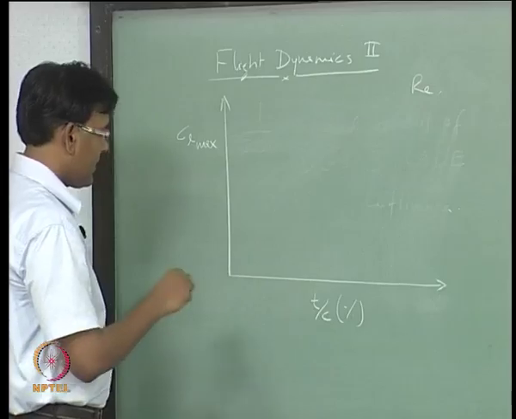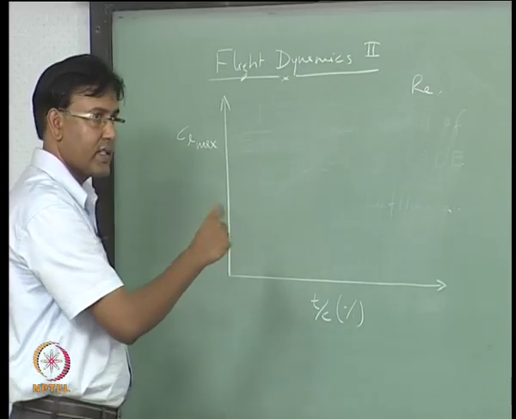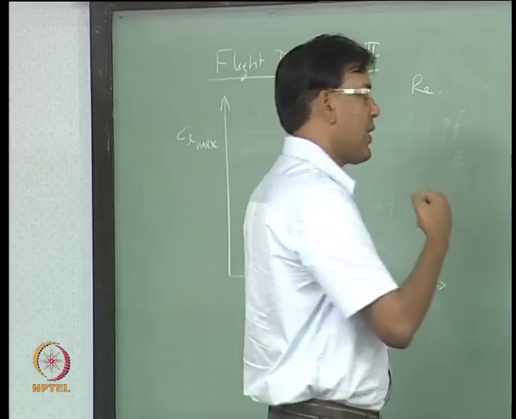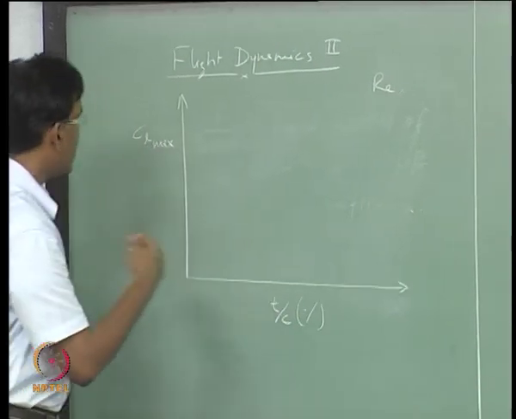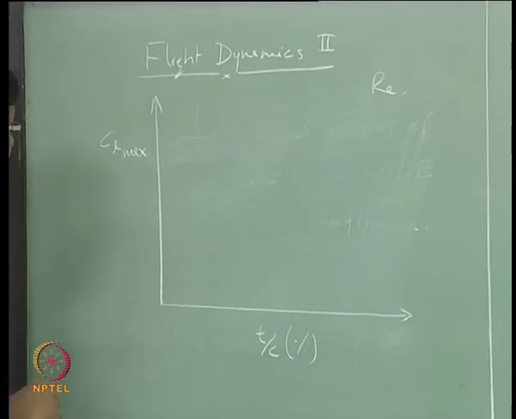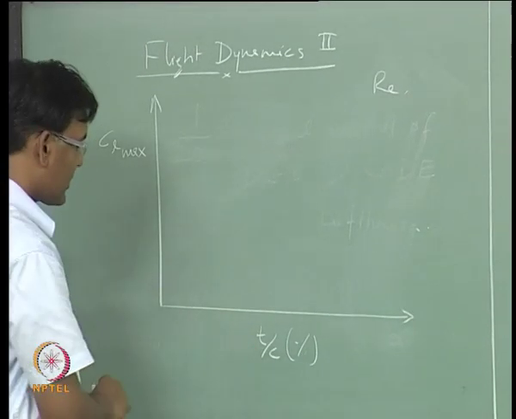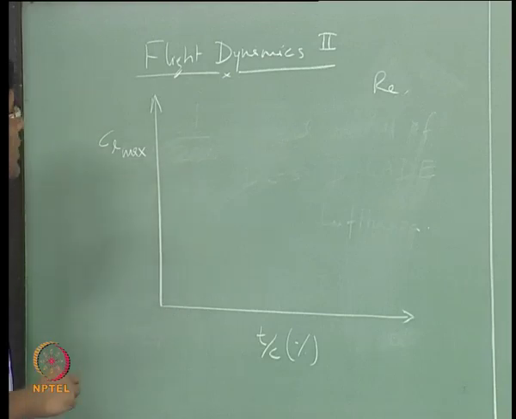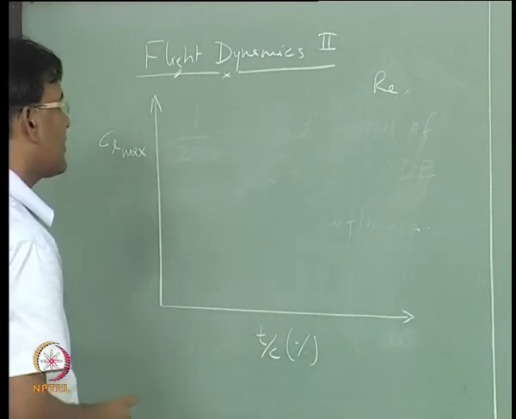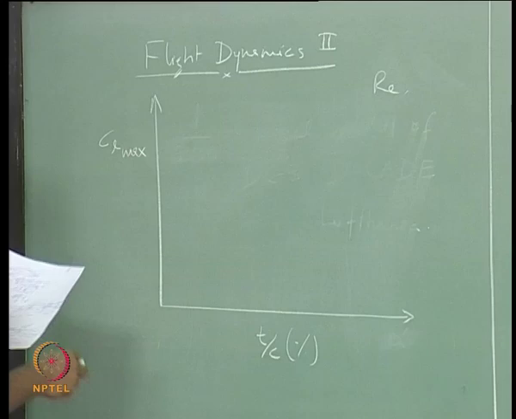Thickness or the maximum thickness are the same. So, let us try to plot the CL max versus the thickness of the airfoil in terms of the percentage of the chord and the effect of the Reynolds number on this CL max.